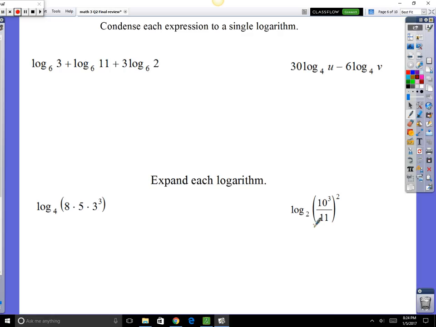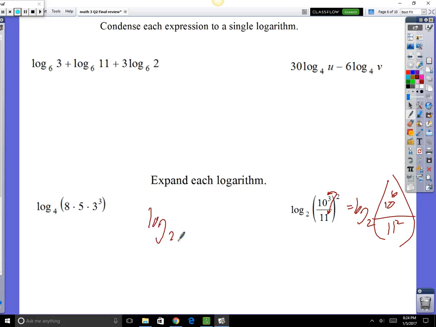Okay, this one. First you've got to square the parentheses. So take that to that and take it to that. So it is going to be log base 2. On top, it's going to be 10 to the 6. If you already have an exponent and you raise it to another level, you times them. So on bottom, it's just going to be 11 squared. Okay, now division is subtraction.